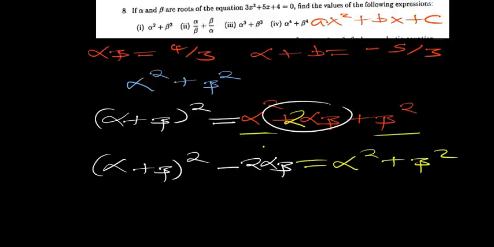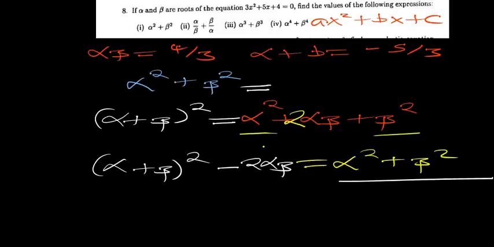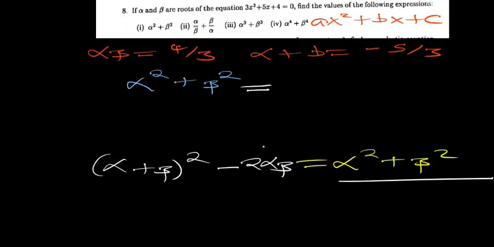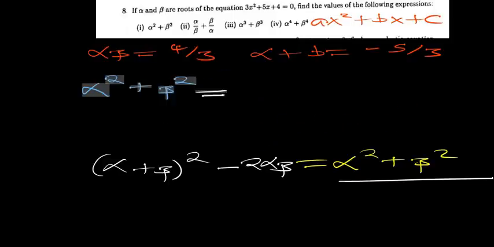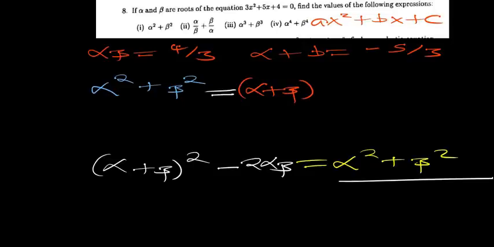So this has been removed from the right hand side. What has become the subject of the formula is actually the expression that we want to evaluate the exact value of. So the formula we've come up with is alpha plus beta in brackets squared, and then we're subtracting the middle term.